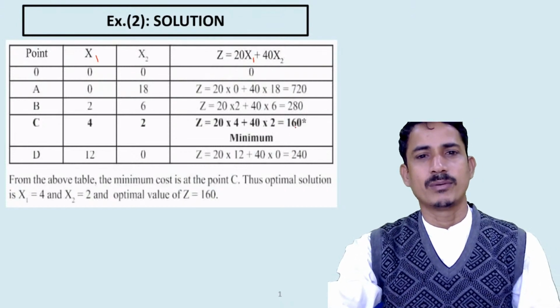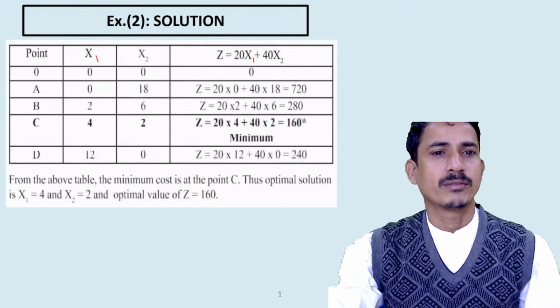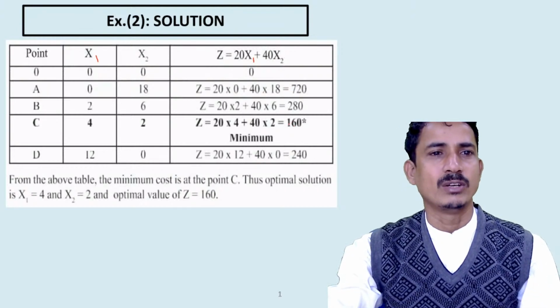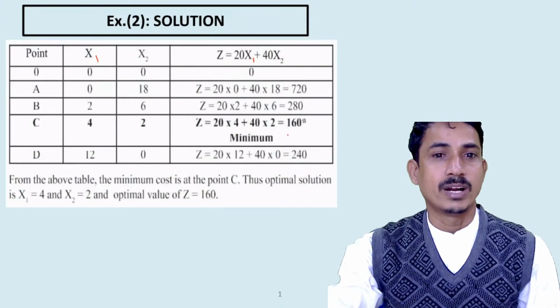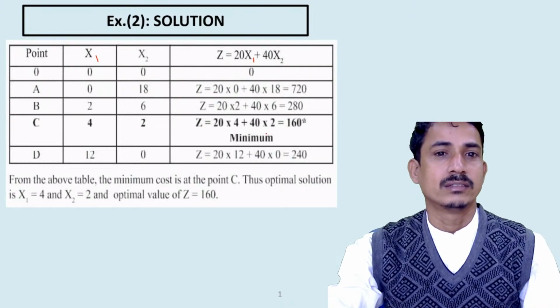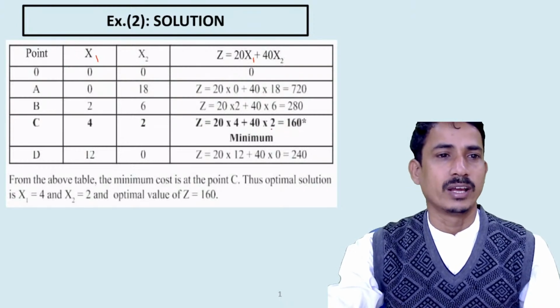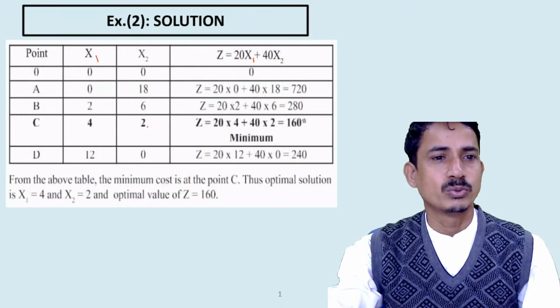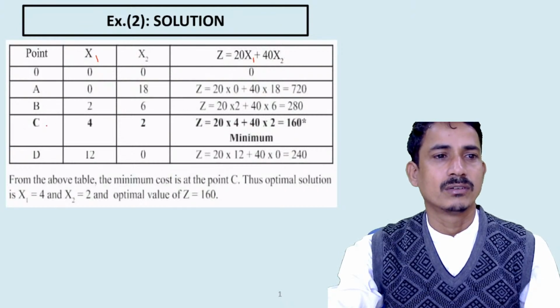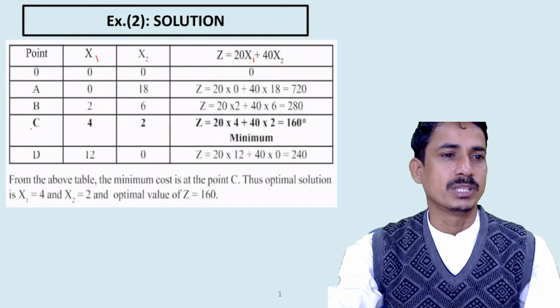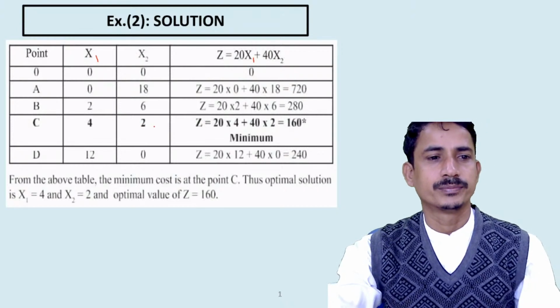The 160 is minimum. And our objective was to find the value of z, but it should be minimum. The minimum value of z you got here is 160, where the x1 value is 4, x2 value is 2, and it occurs at the point C. It can be a location, it can be any business point, but the name given is C. So at point C, the value of x1 is 4, the value of x2 is 2.